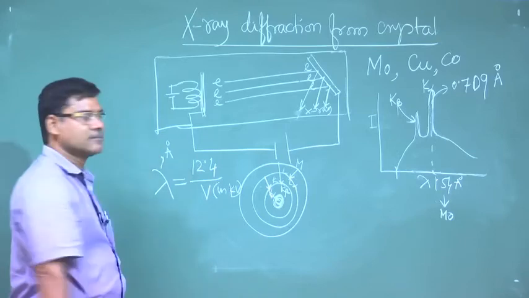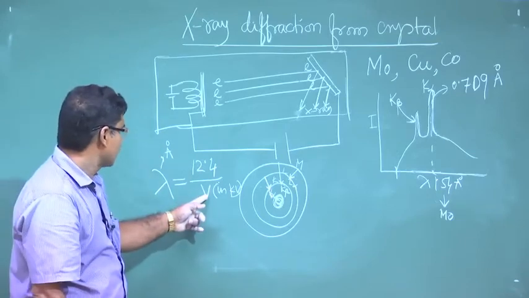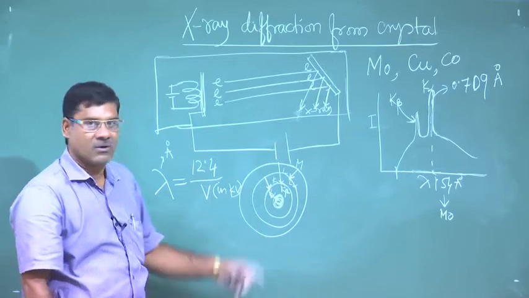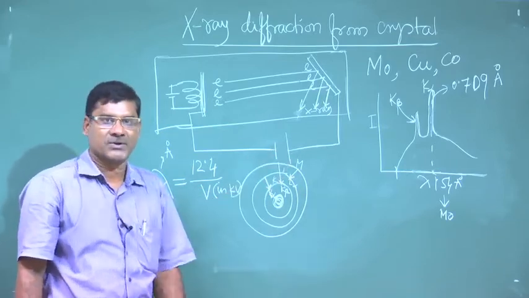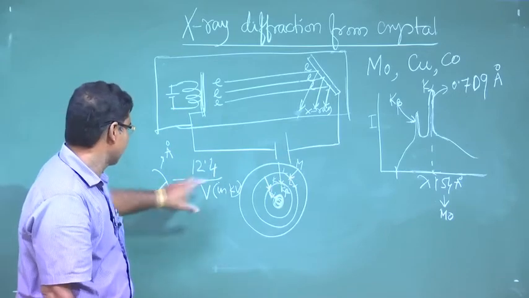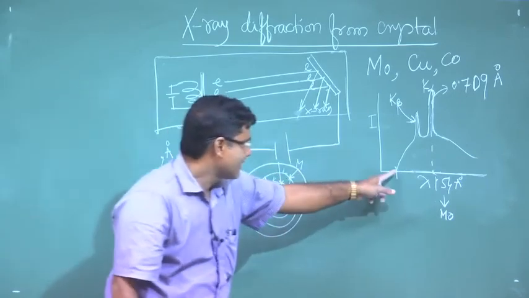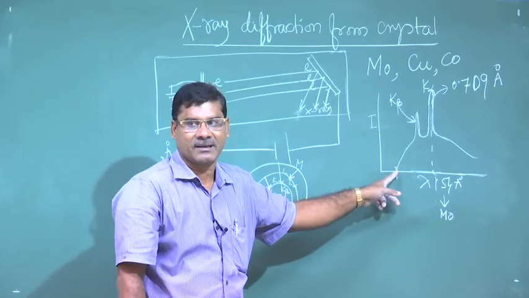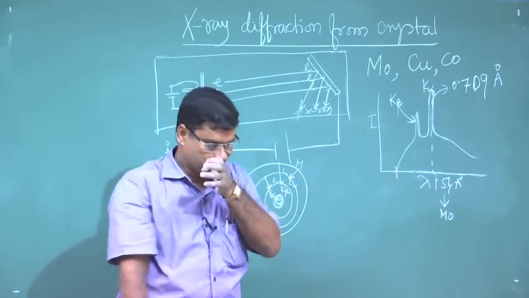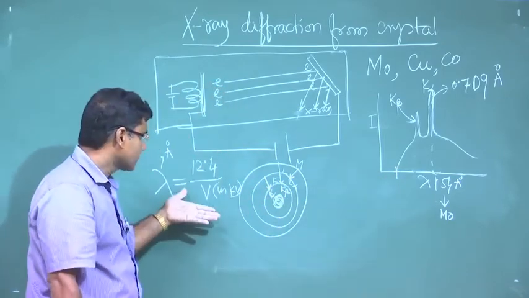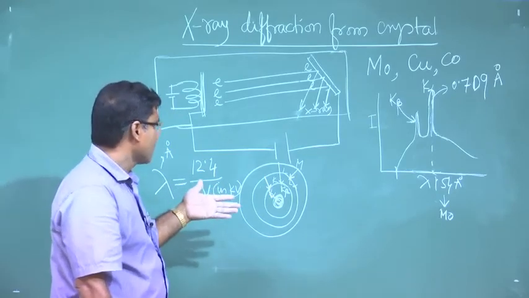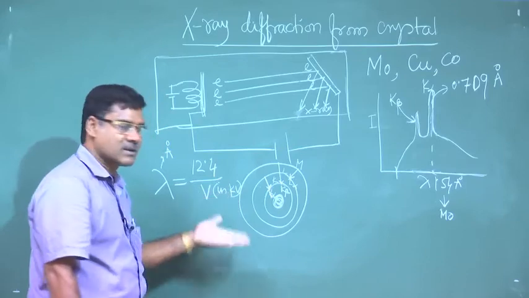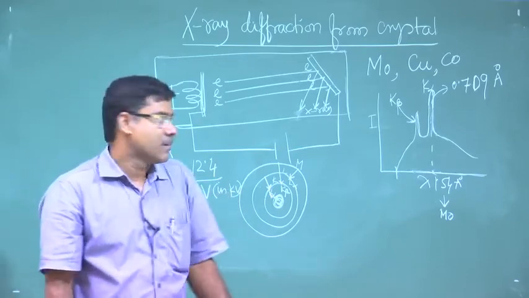Okay. So if we use 12.4 kilovolt voltage, then the minimum wavelength you will get is 1 angstrom. So to get the minimum wavelength, one can estimate what voltage is required.